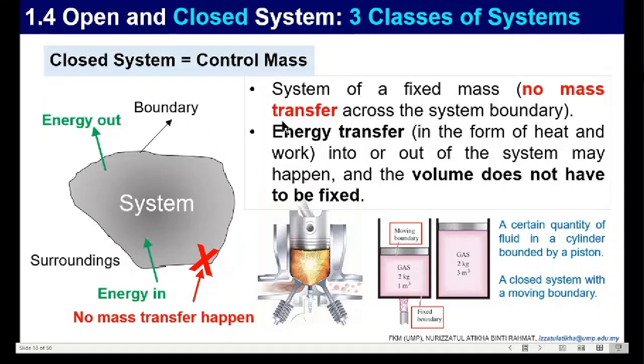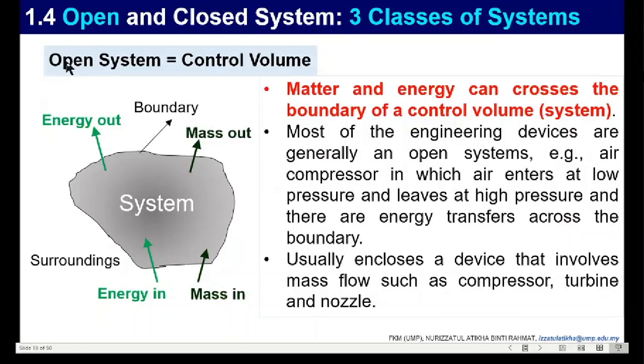Let's see open system. Open system is also known as control volume, meaning volume is controlled. Matter and energy can cross the boundary of a control volume system, of an open system. Let's see this system. We have mass in, mass out, energy in and energy out.